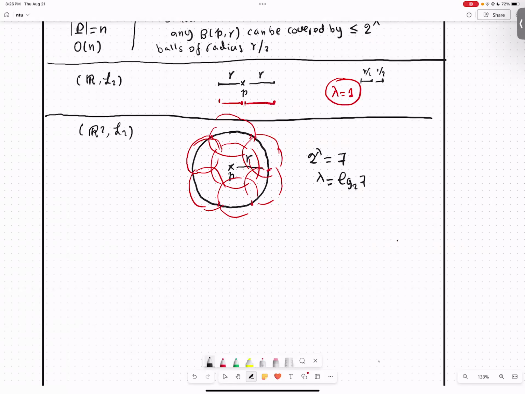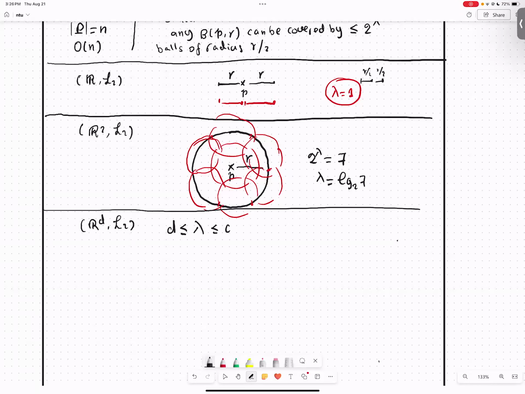So in general, I can tell you, if you talk about d-dimensional space, let's say you still talk about the L2 norm, then there is a relationship between the Euclidean dimensionality and the doubling dimensionality. And the relationship is this. D is the Euclidean dimensionality, and lambda is the doubling dimension. Lambda is at least D. However, not too much larger.